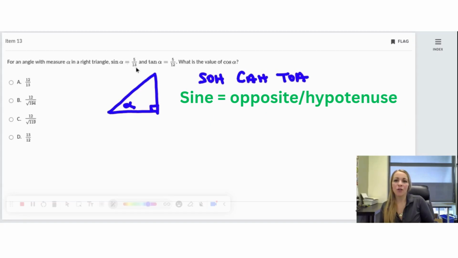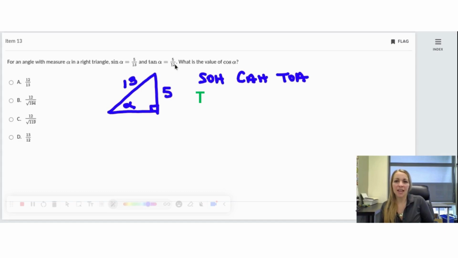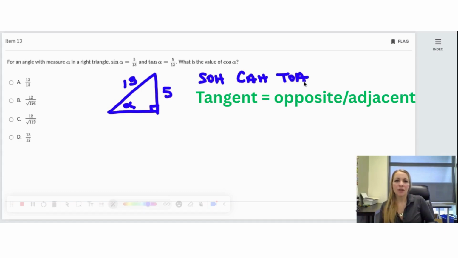So let's go back to what I'm given. Sine is 5/13, opposite over hypotenuse. So the opposite of alpha is 5, and the hypotenuse is 13. Let's look at tangent of alpha. Well, that's opposite over adjacent. 5 is opposite alpha. We already have 5.